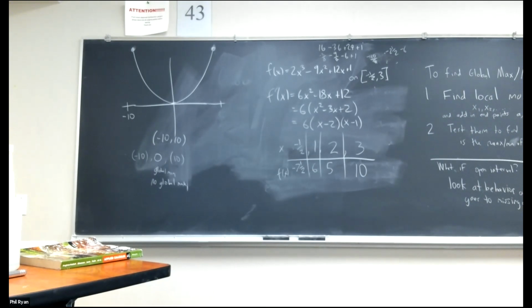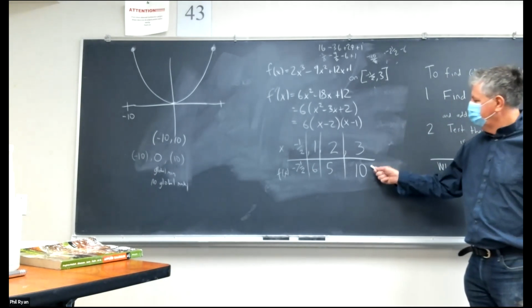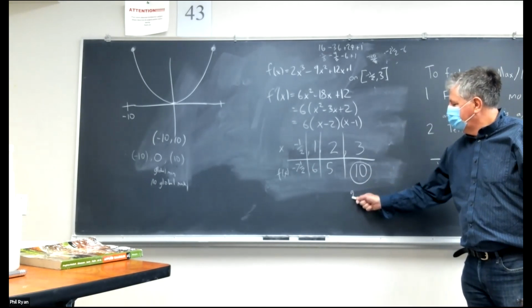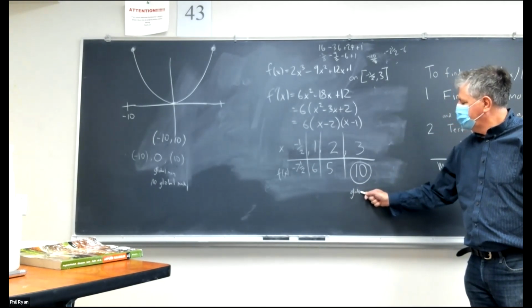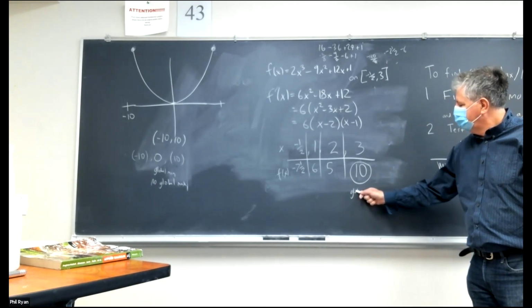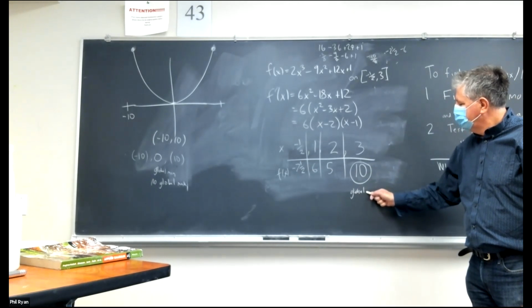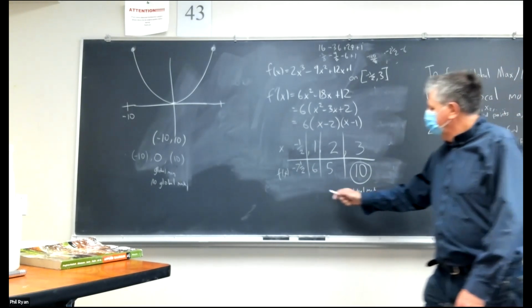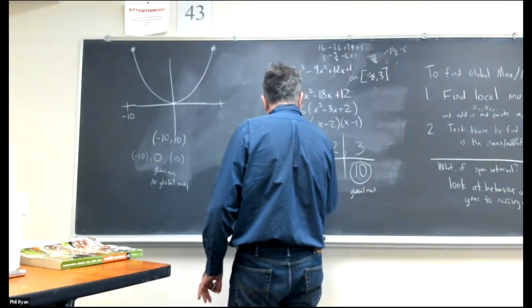Okay, and then we just do inspection. And so what do we see? We see that this is a global max. This is a global min.